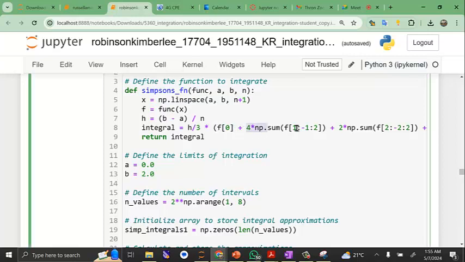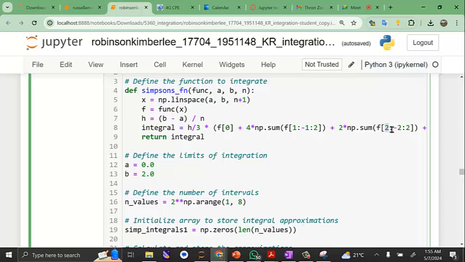So this is a nice way to do it. This here is putting a coefficient of 4 on every other value of f, right? Because this is starting with the second component of f. It's going up until the last, but not including the last one, and has a step of 2. This one is starting at the third component in the f series, going up to the second to last, but second to last is not included, and has a step of 2 as well.